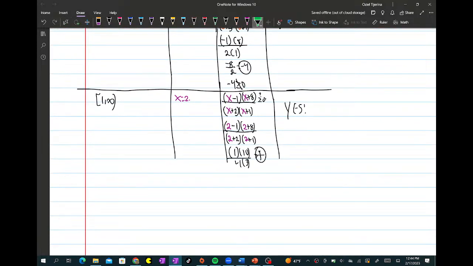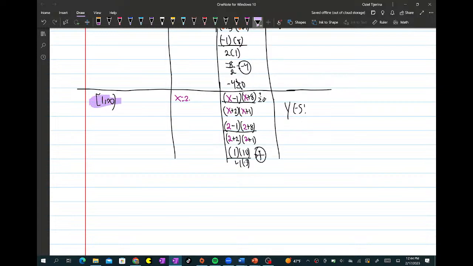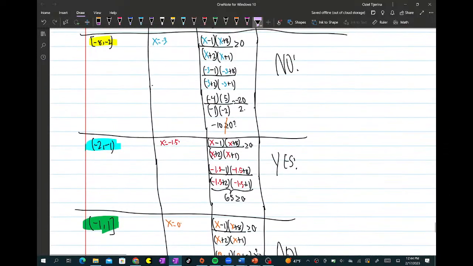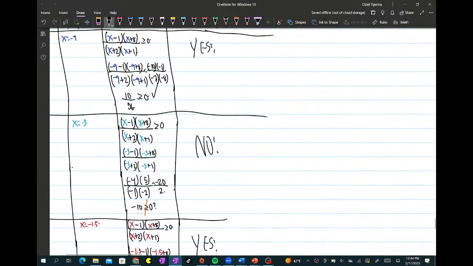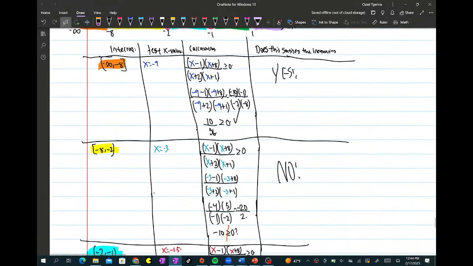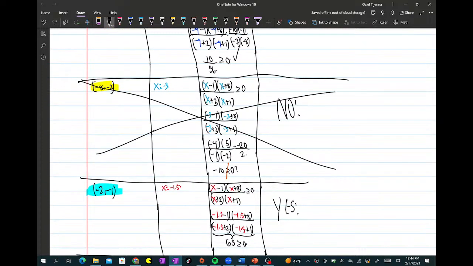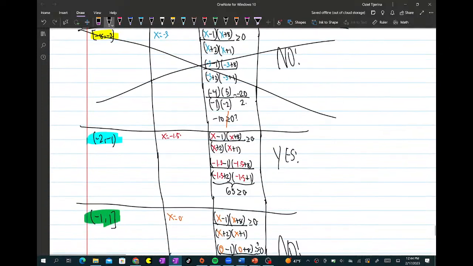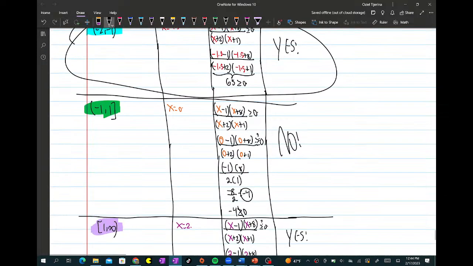Okay, so now that we've tested all these inequalities, you look at which ones you put yes for, because that was the whole point. Does it satisfy the inequalities? So obviously this one works. This one does not. This one works.